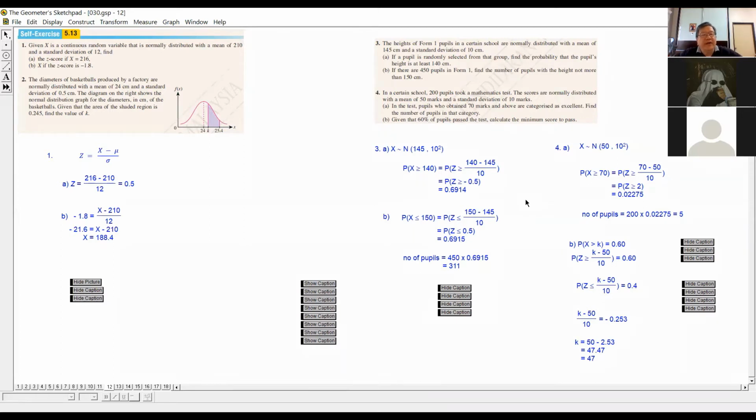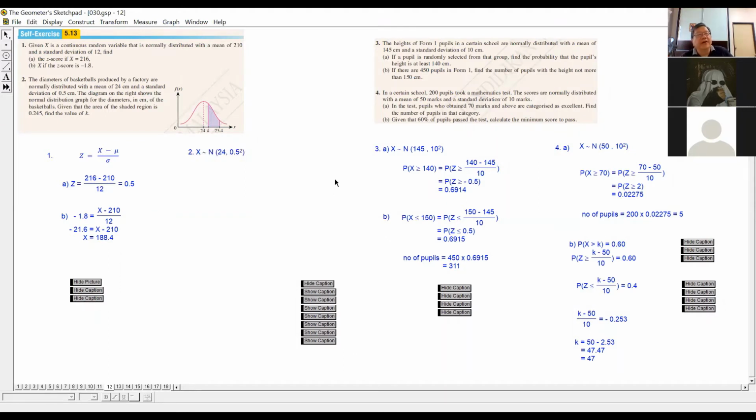This one, they are referring to the diagram, right? If you look at the diagram there, the center line, the peak, the top, is 24. So this 24 actually is the mean. Standard deviation 0.5, okay. Then find the area of the shaded region. The shaded region is between k and 25.4.